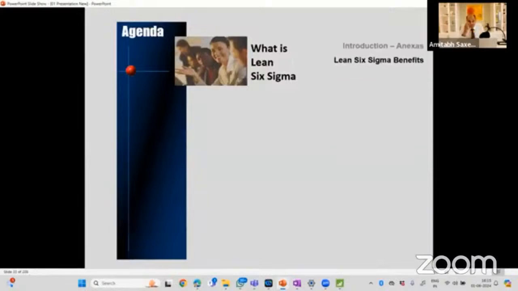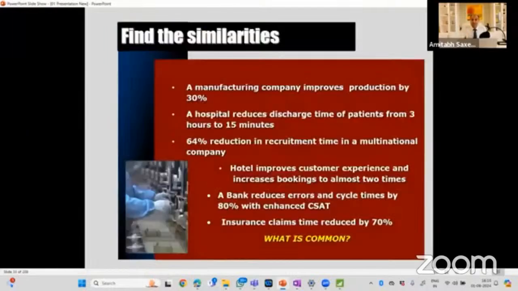So now let us start with Lean and Six Sigma benefits. So what is Lean and Six Sigma first, and then we will look at why companies are interested in implementing Lean and Six Sigma. Now, if I ask you, can you tell me what is the common thread running through all these points? A manufacturing company improves production by 30%.